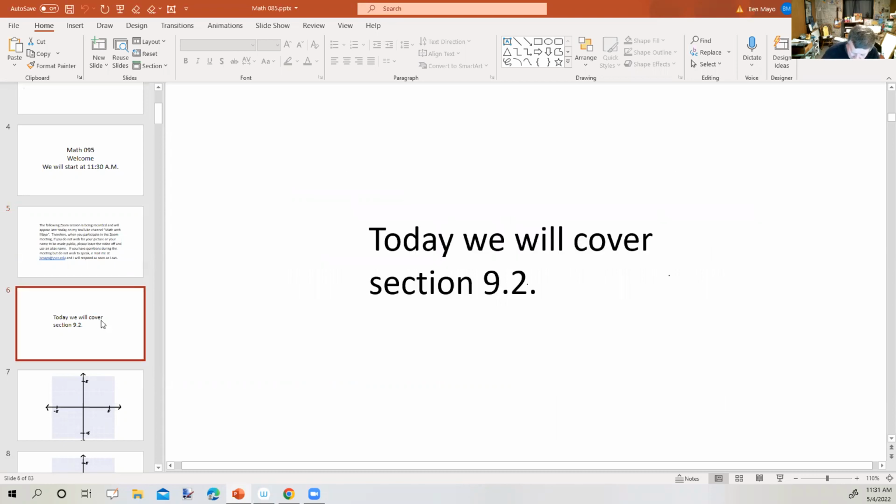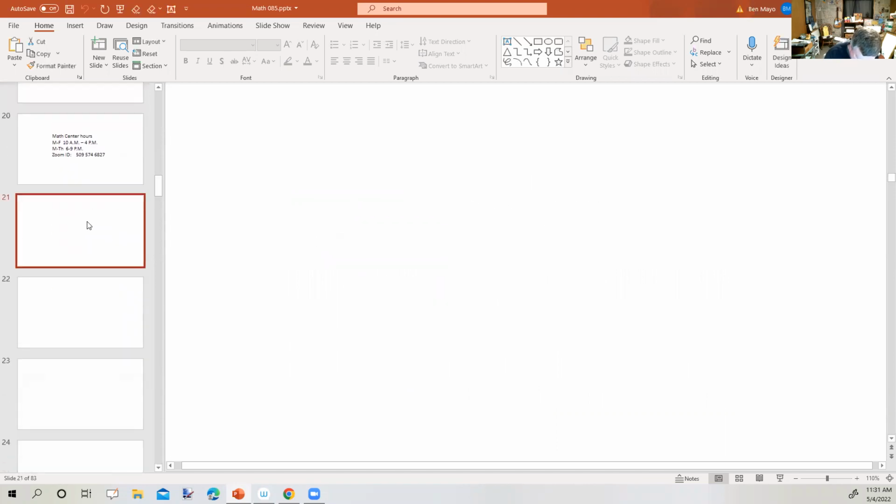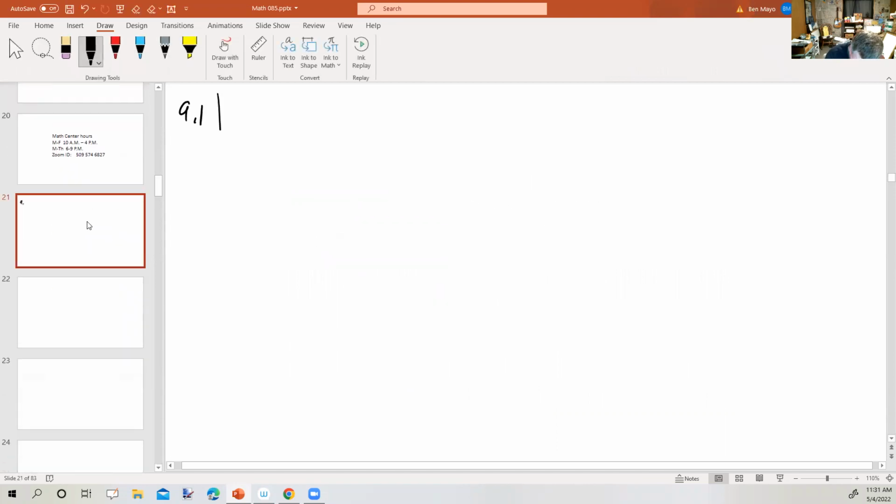All right, so today, eventually, we're going to go on to section 9.2. But before we do that, we have a couple of questions from section 9.1. So this is from 9.1, and this is number 24. It says, use a calculator to find each function value, round to the nearest 10,000th.